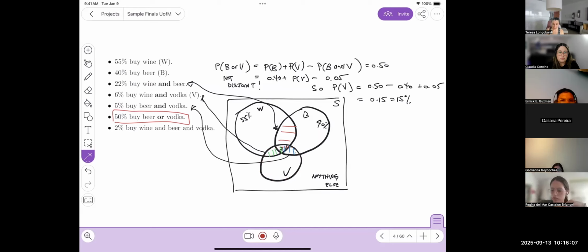No, and 100% is everything, not just these, because we have outside. People can go to the liquor mart and buy other stuff. So you can't use 100. It's a coincidence that it added up, but it's not necessarily.